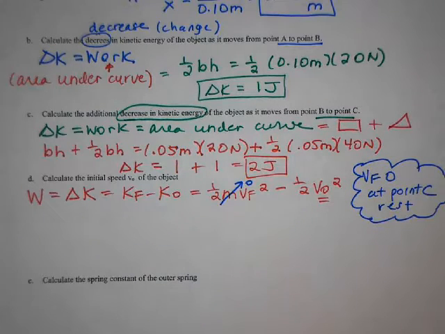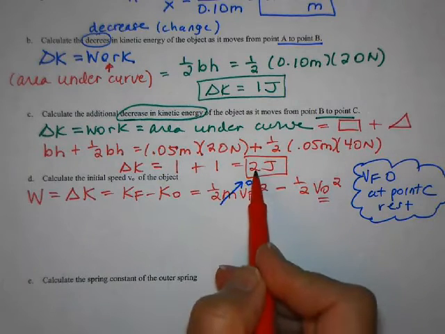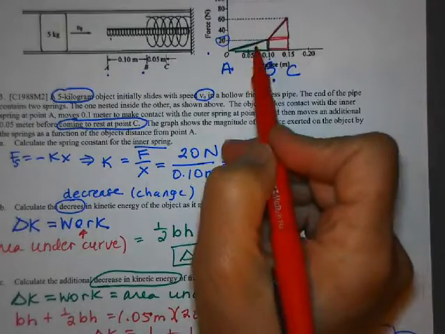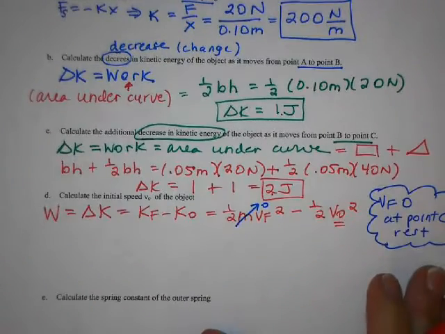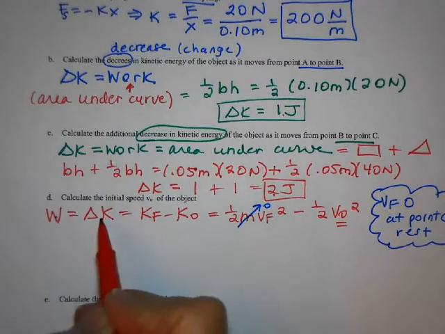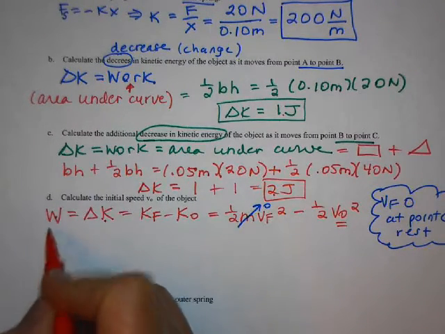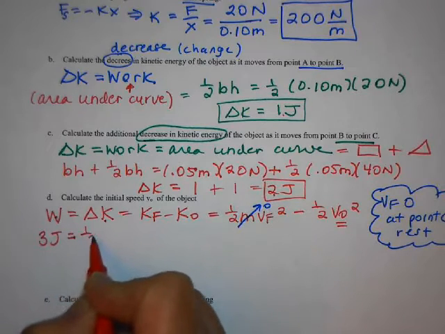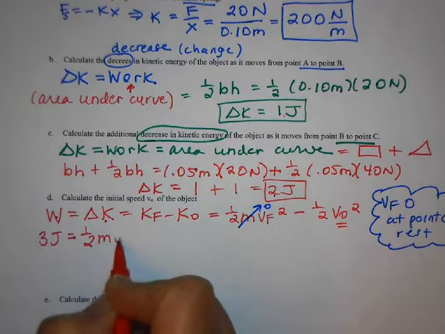All right. So how am I going to do that? I'm finding the work. So I know that 2 plus 1 is 3. That's how much it's going to be. I'm going to add this and this. So remember, work is equal to the change in energy. So 3 joules is equal to 1/2 mv naught squared.